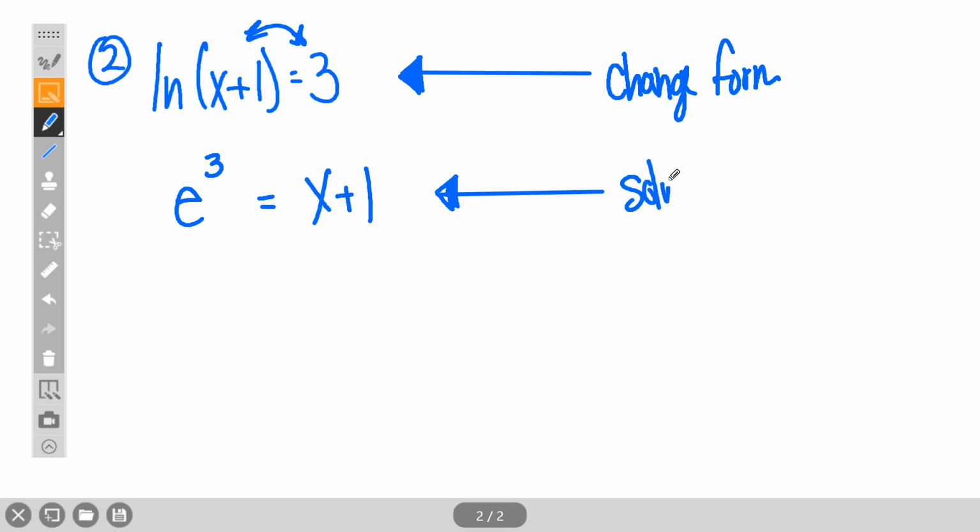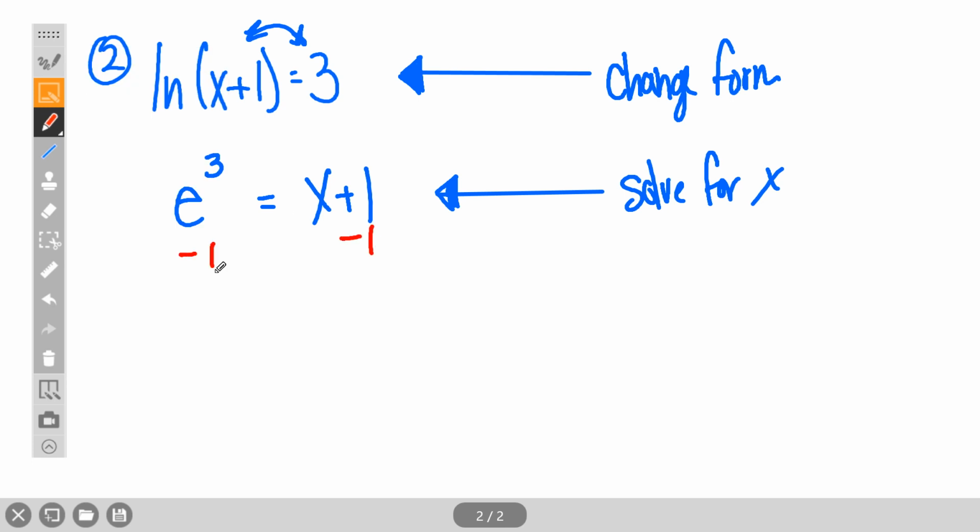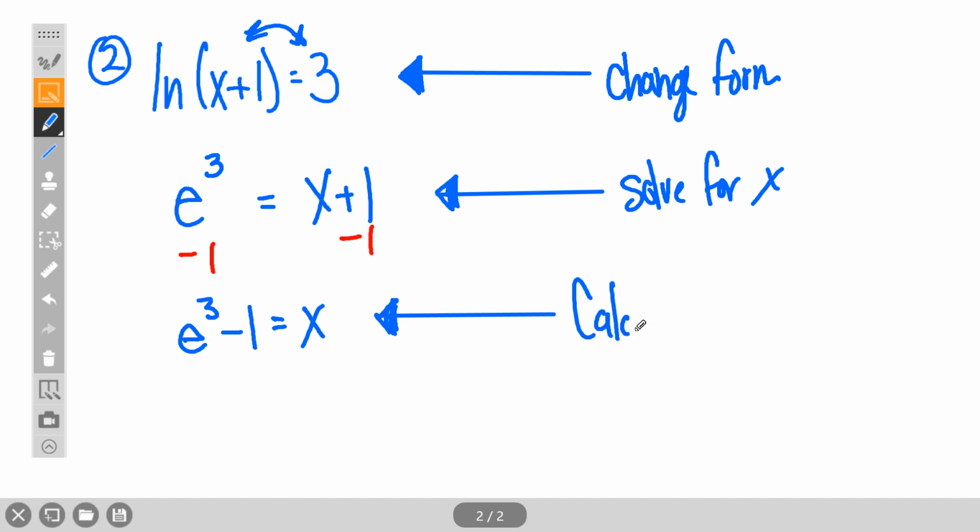We are trying to get x by itself. That's the goal here. So since 1 is being added to it, we will have to subtract 1 from it. So we get e to the third minus 1 is equal to x. And this we can calculate. Okay, our calculator will do this and give us the value of x.